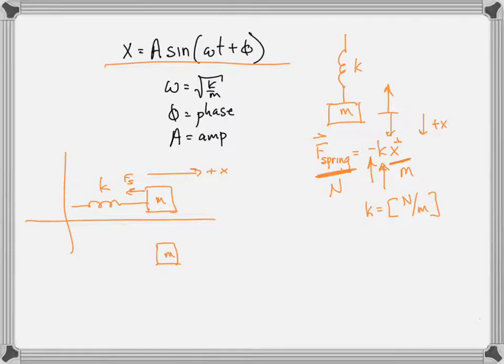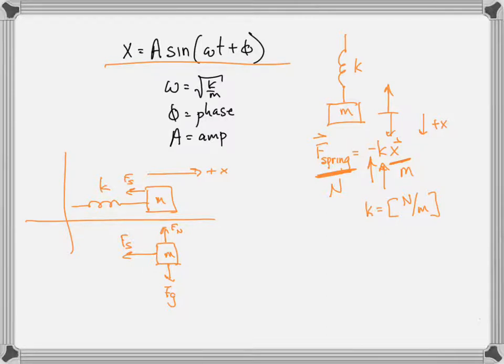A free body diagram, we're going to have the normal force up because it's sitting on a surface. We're going to have the gravitational force down, but it's not moving in that direction. It's moving in this direction, right? I've pulled it out plus x, I'm letting go. The spring force is pulling back in the minus x direction, okay?